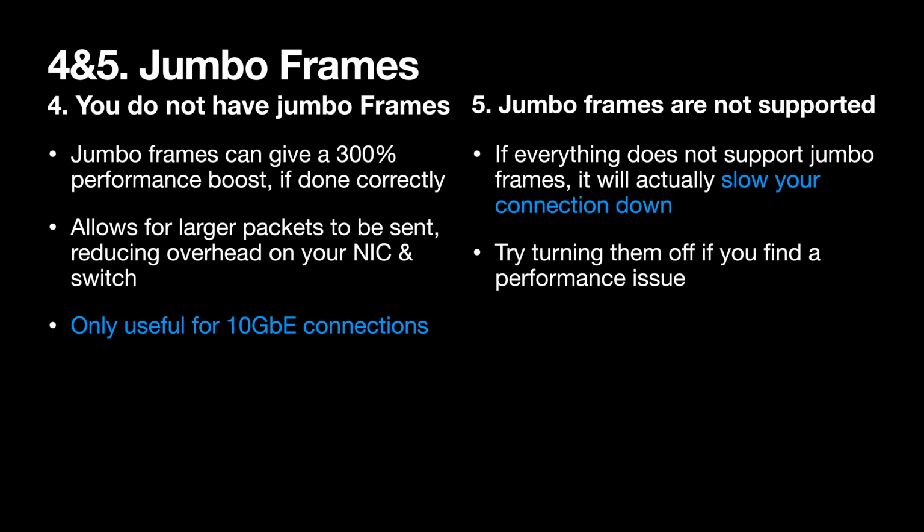And so you need to make sure everything that the packet goes through has jumbo frames enabled, and even then you might have some issues. One way to diagnose this is to turn jumbo frames off and see if you get better performance, and also possibly turn down your jumbo frames from 9,000 to 8,000 just to see if anybody else has enabled jumbo frames but in a slightly different manner.